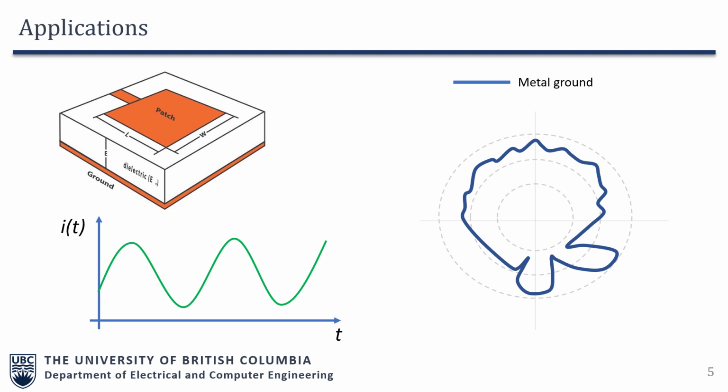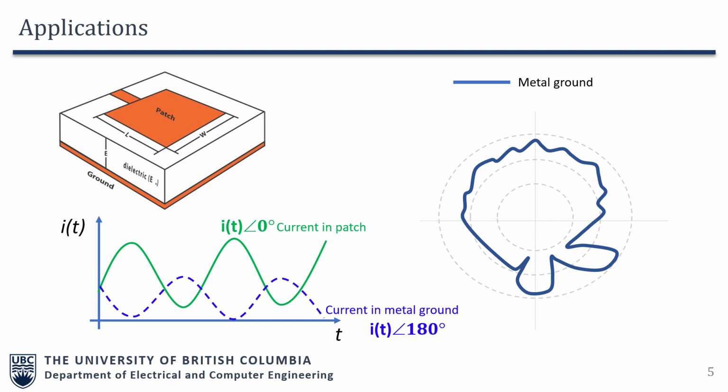And since the thickness of the dielectric material is very, very low compared to the quarter wavelength, the image current is basically 180° out of phase. So if you plot the current flowing on the ground and on the patch, you would notice this 180° out of phase.